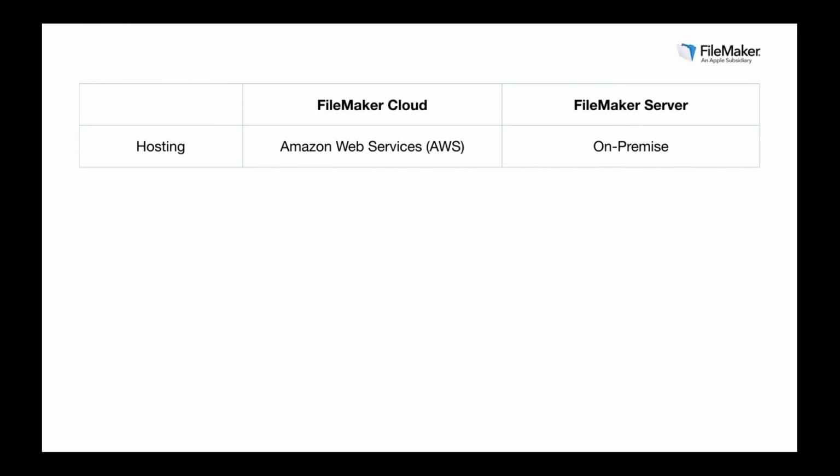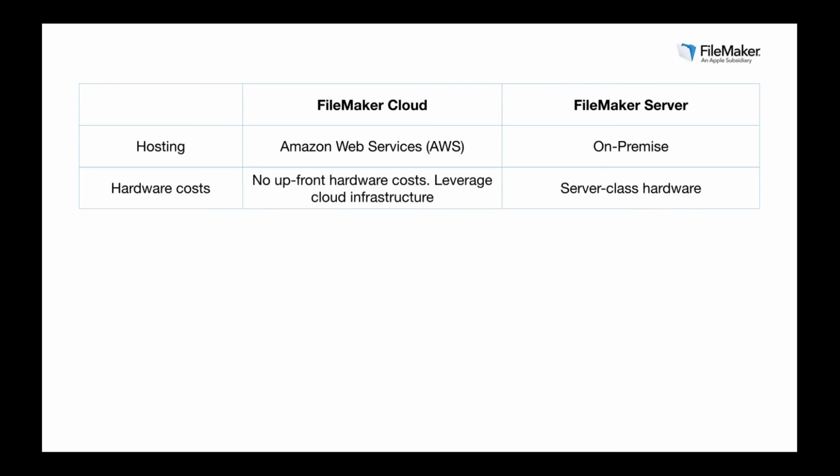If my organization has policies that do not allow me to store information outside of our building in the cloud, then probably FileMaker Server is a better option. Other than that, a really wonderful choice would be to take advantage of FileMaker Cloud and all these wonderful benefits of using the cloud infrastructure.